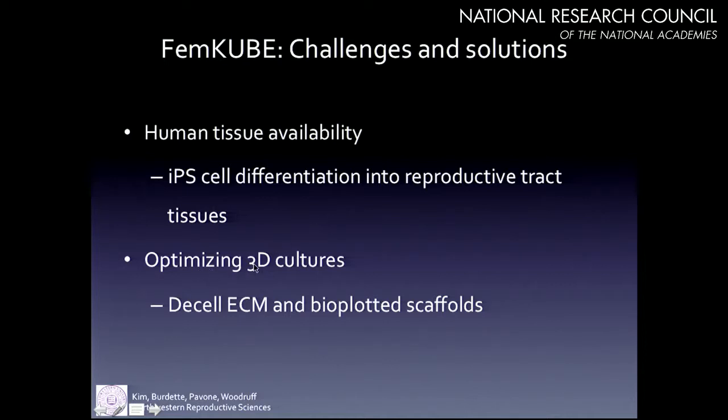Optimizing the 3D cultures. We have a basic idea now of how these cells or tissues that form on these platforms behave, but I think we can do a little better. So currently we are pursuing a different kind of scaffold, and I think it was mentioned earlier this morning, about decellularized tissues as scaffold, where we can actually just take cervix or uterus or the tube or what have you, and decellularize that.